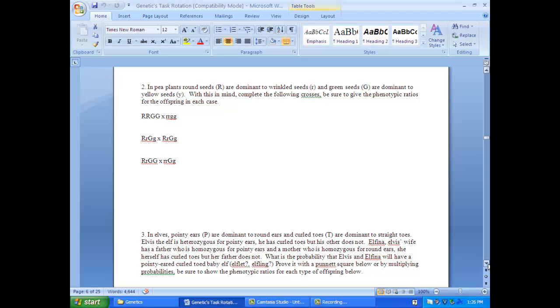We can either give you time to work on this now, or you can do this for homework. The other activity is we are going to be doing the interpersonal section of the task rotation, which is definitely a more fun thing to do, where you are going to be figuring out what your child would look like if you were to cross your specific traits with someone else in the room.